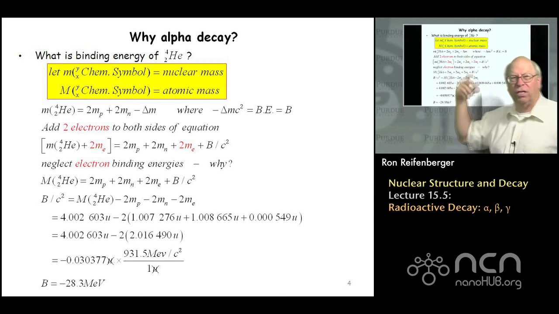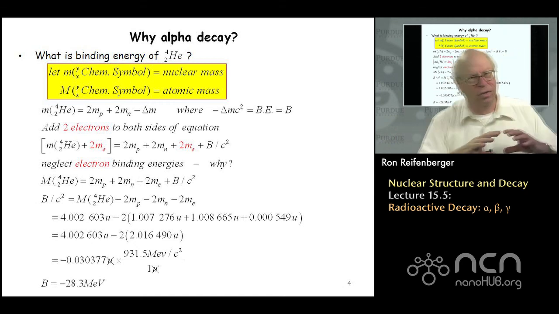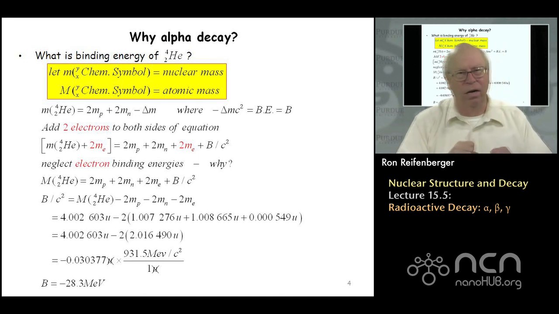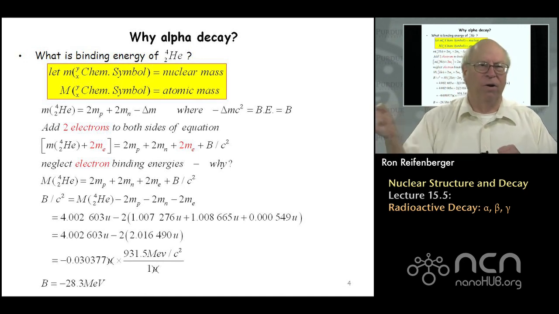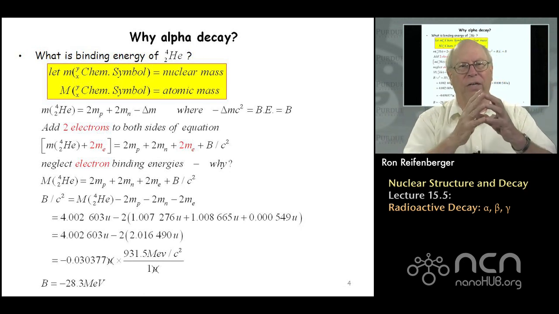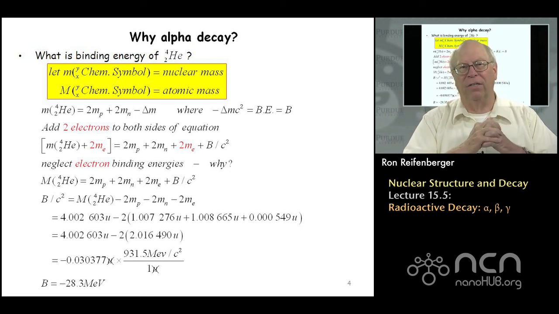The reason we do this is that as the nucleus gets heavier and heavier, it's extremely difficult to strip off, say, 20 or 30 electrons and measure the nuclear mass by itself.